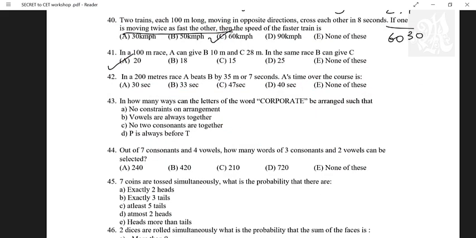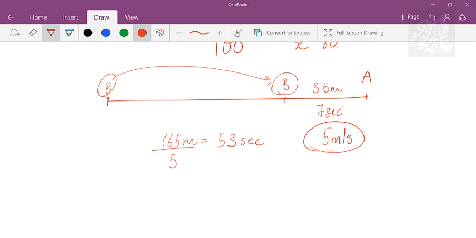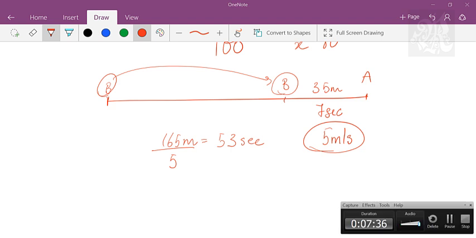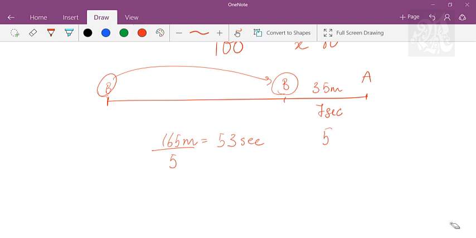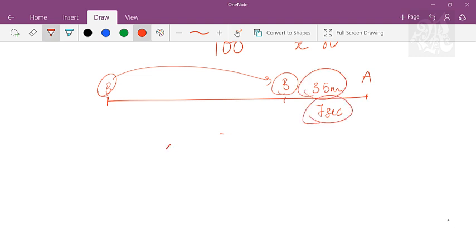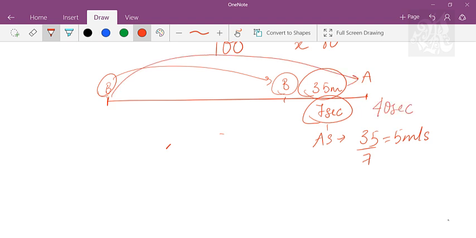Repeating this again, A is 35 meters ahead or 7 seconds ahead of B, which means A's speed is going to be 35 by 7, and that is nothing but 5 meters per second. So A's time over the period will be 40 seconds, and that's the answer because it covers 200 meters at the speed of 5 meters per second.